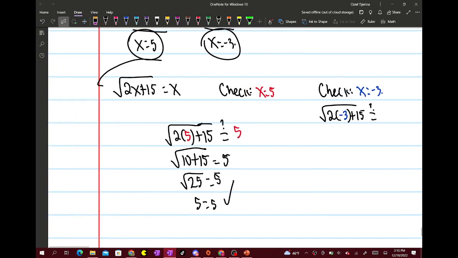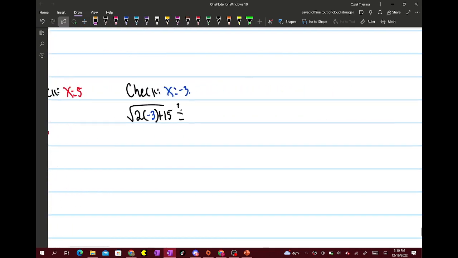Because this right here is our equation. So we're just doing the same thing, but for negative 3. So then we would say the square root of negative 6 plus 15 equals negative 3, and of course we're talking about the positive square roots.